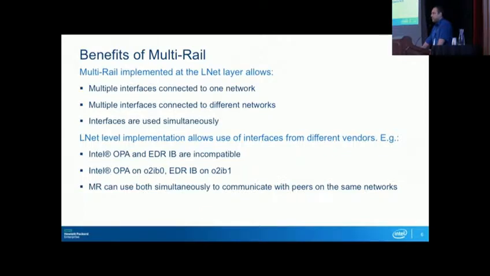You can have OmniPath hardware, you can have IB, EDR, or whatever. You just have to configure the OmniPath and the EDR on different networks like O2IB0 and O2IB1, and then the MR code is able to select the interface. So if you have two peers, both of them on the two different networks, those two interfaces can be used simultaneously.